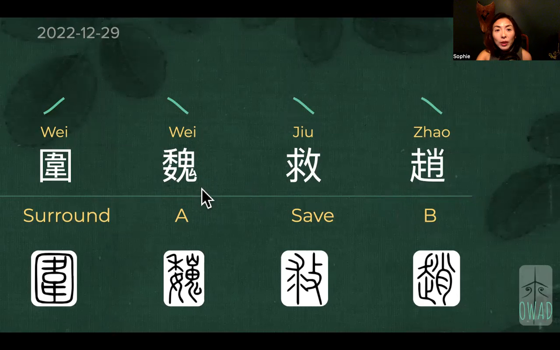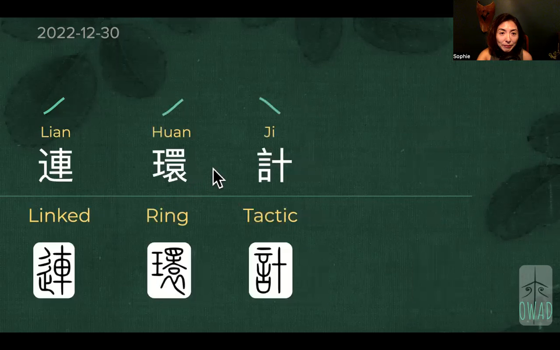So you go to the weak point of your enemy, and that way you force Wei to retreat from Zhao and achieve the goal of rescuing Zhao from the siege of Wei. Okay. Today, 连环计.